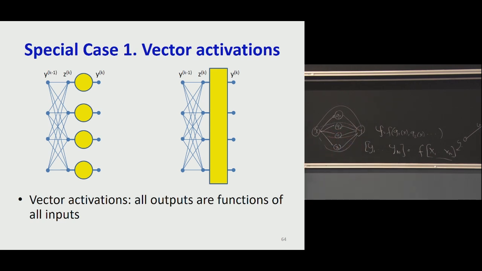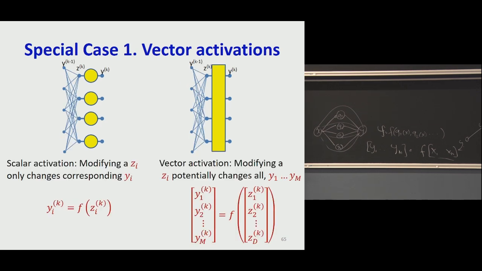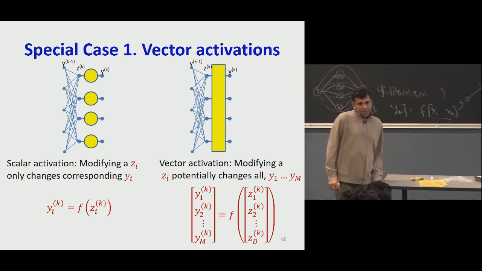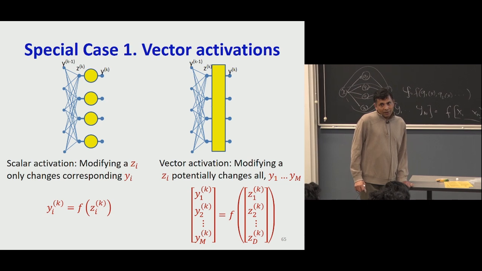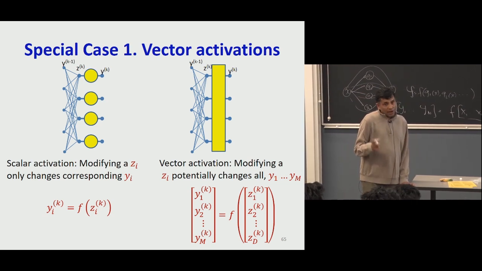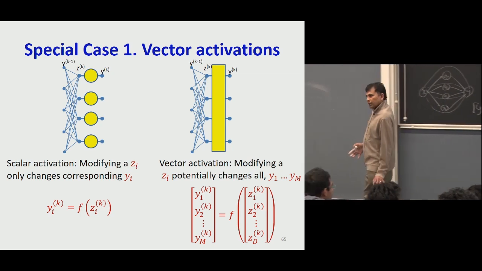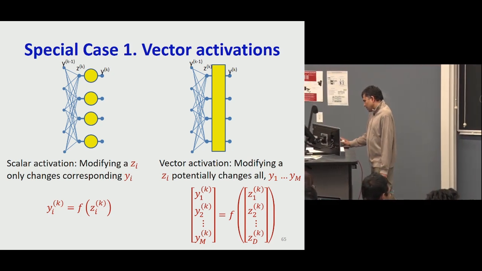This is a vector activation. And this is different from a scalar activation. In a scalar activation, each y is a function of one z, right? In a vector activation, every y depends on every z. So you can't really separate the activation out like so.